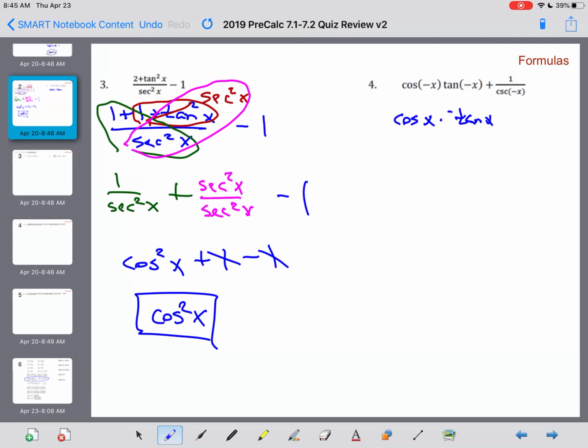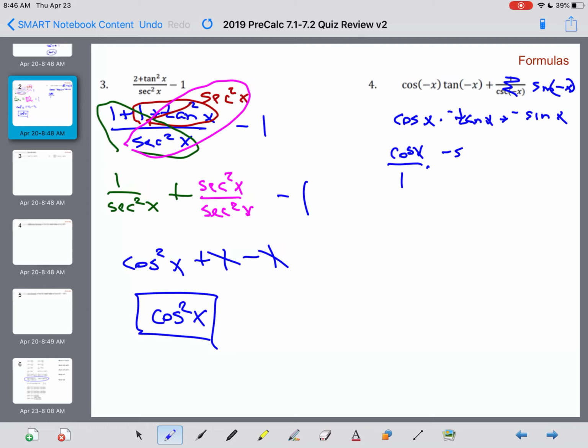And this one here is going to be sine of negative x using the cofunction relationship, and then that's going to be plus negative sine x using the negative angle. So now let's go ahead and break this thing up. Cosine x over 1.